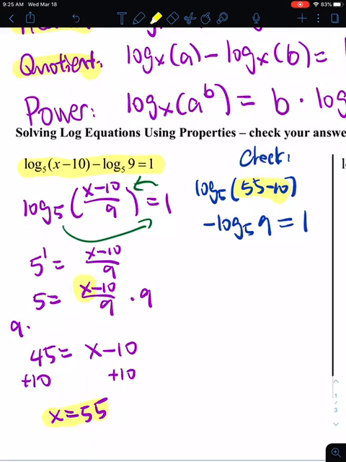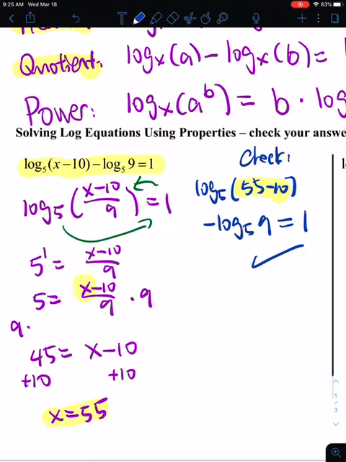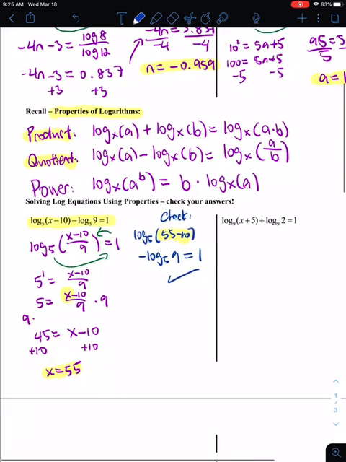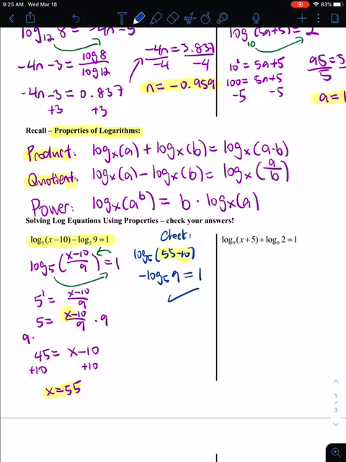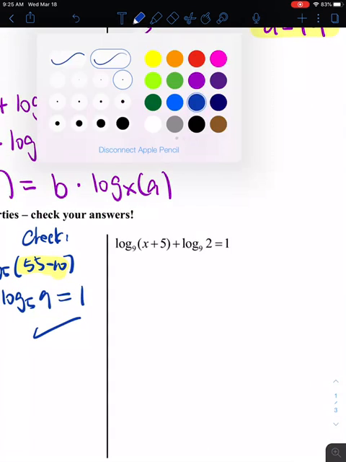Over here, I get a positive number. I get a 45. So that's kind of how you know that it's going to check out. And if you use a calculator, you'll see that this will be the same on both sides. Okay, so really, there's nothing really new here. We're just kind of combining our properties of logs with our techniques of solving equations that we saw last week.